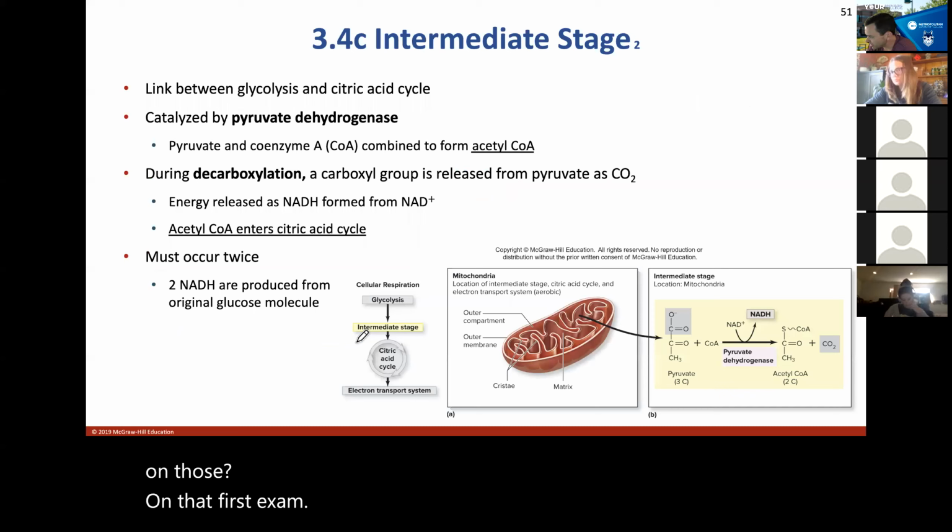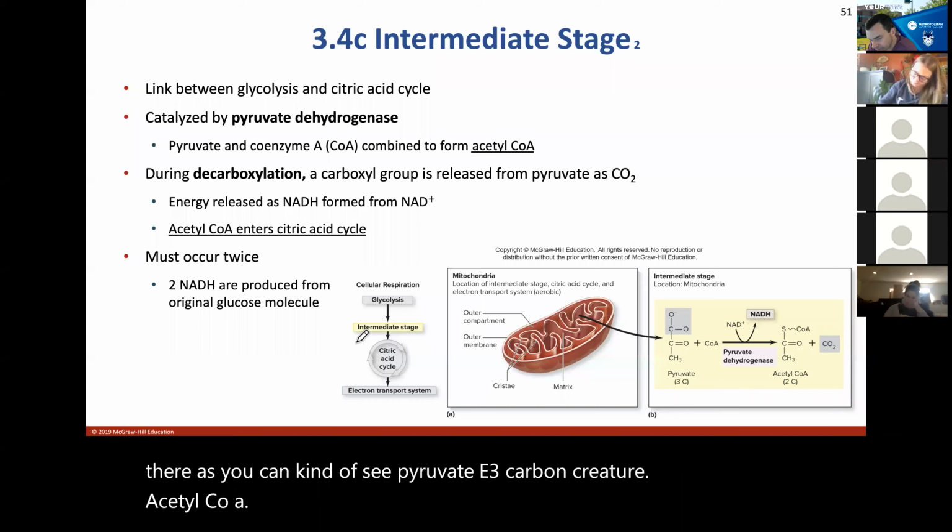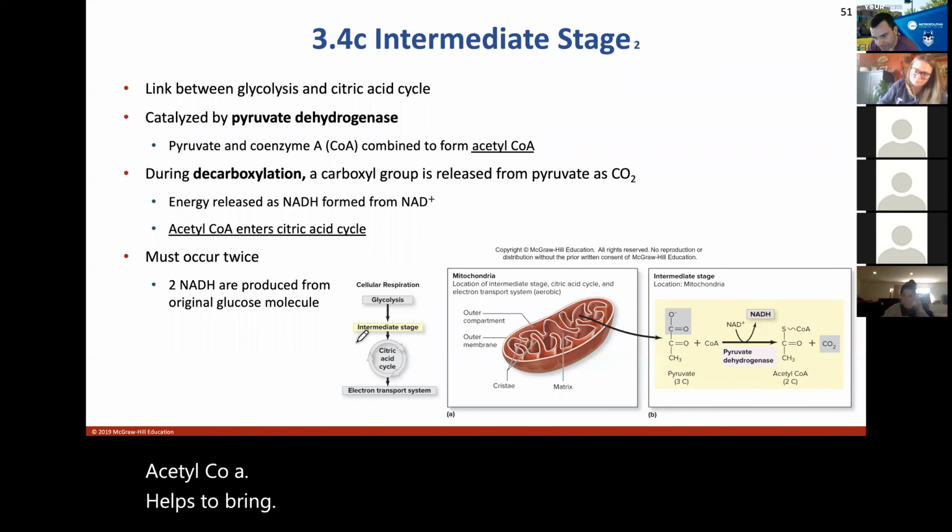There's the little reaction down there in the bottom right-hand corner, as you can see: pyruvate, a 3-carbon creature. Coenzyme A helps to bring pyruvate into the fold, and we have an enzyme there called pyruvate dehydrogenase.